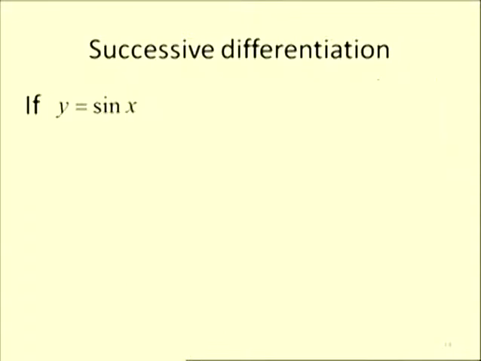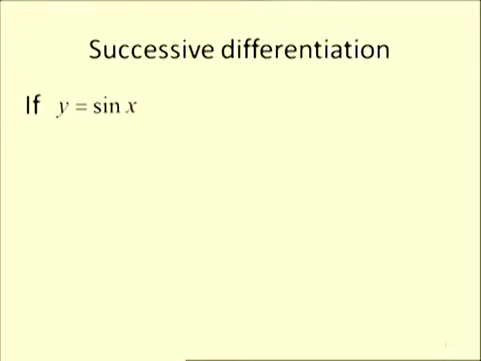As we know, successive differentiation means any function can be differentiated n many times, but as per our curriculum we confine ourselves to the second order derivative only. But let us see how the function y is equal to f(x) can be differentiated more than once.